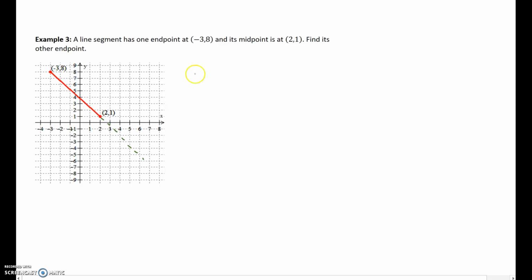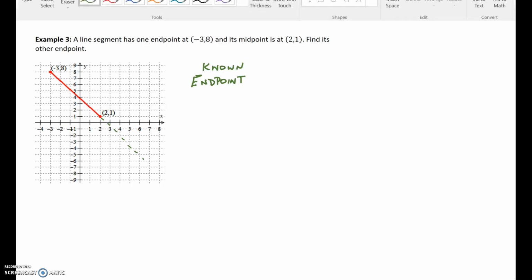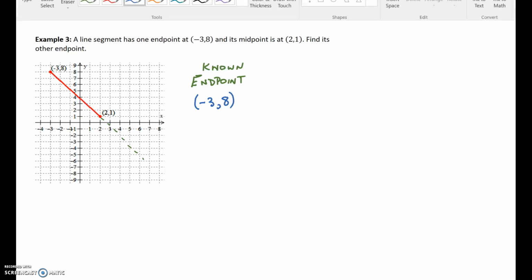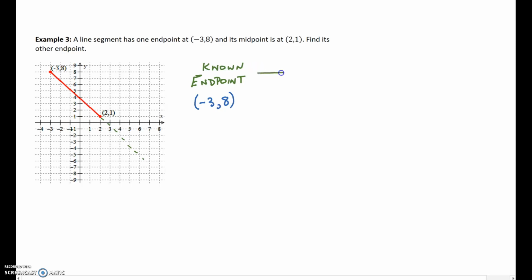So the way to do this is begin with the endpoint that you know, an endpoint, and that is -3, 8. It's important that you start with an endpoint, and you're going to go from there to the midpoint, which you also know.